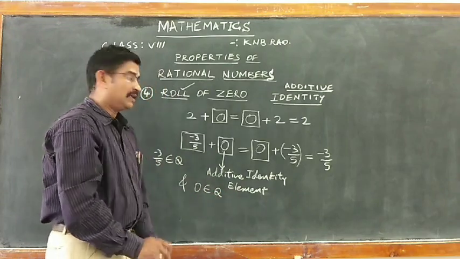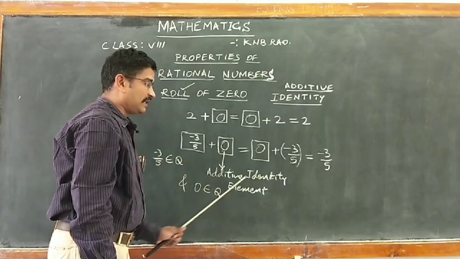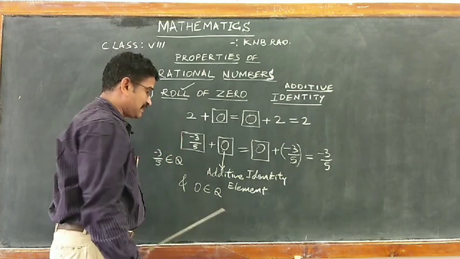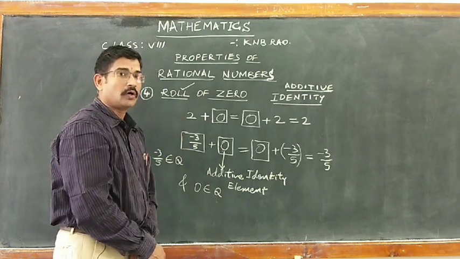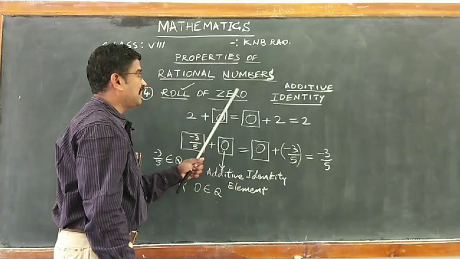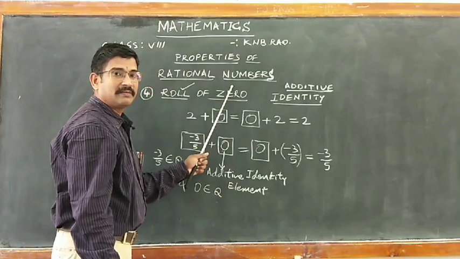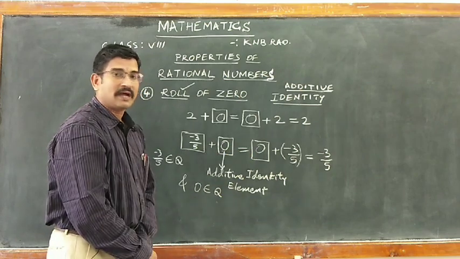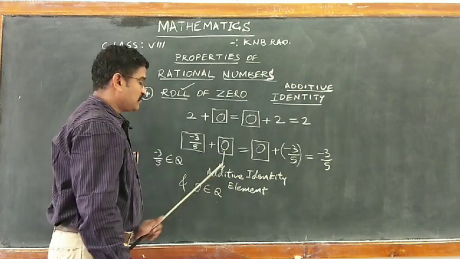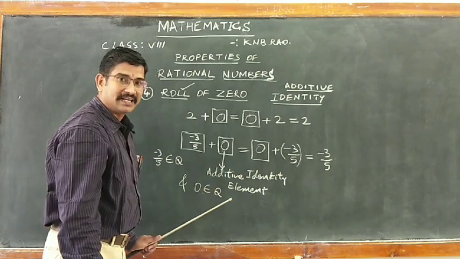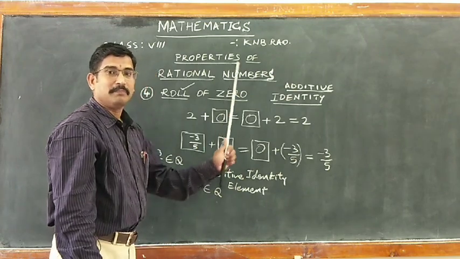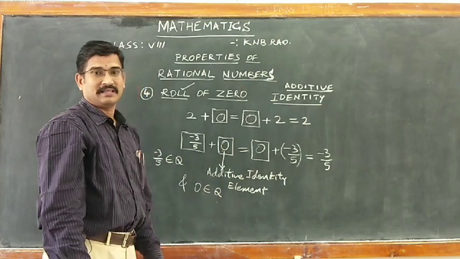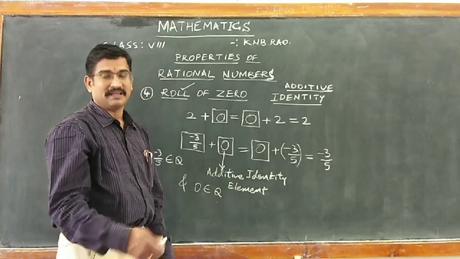If this additive identity element, that is 0, is not part of the rational number set, then I cannot call the number set following the additive identity property.